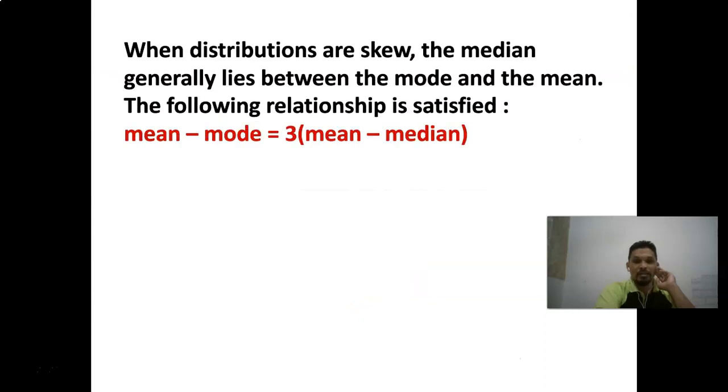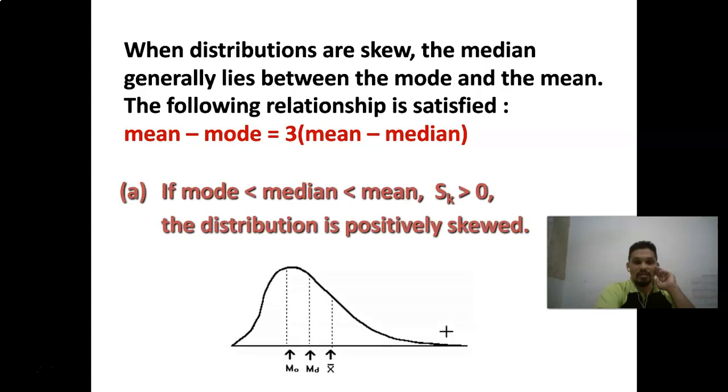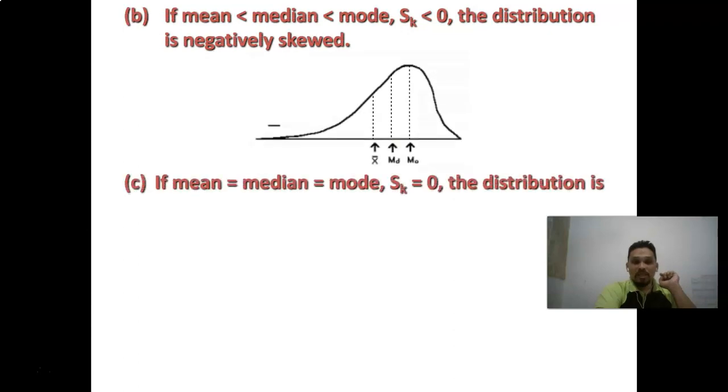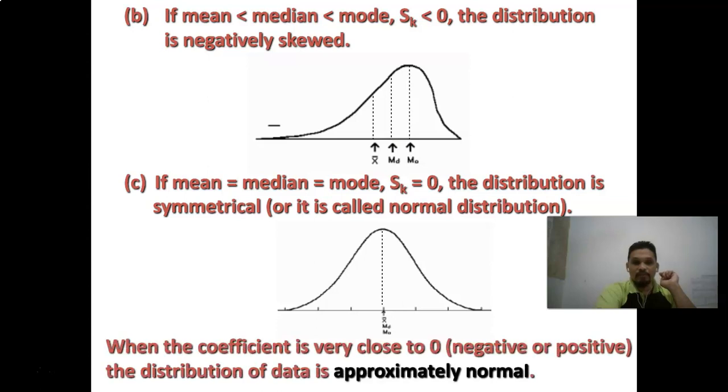When distributions are skewed, the mean generally lies between the mode and median, so the formulation is satisfied. Anyway, you have all this lecture stated in your lecture notes. And this one here we call symmetrical or normal distribution.